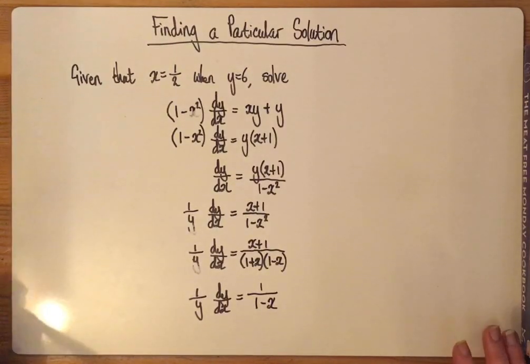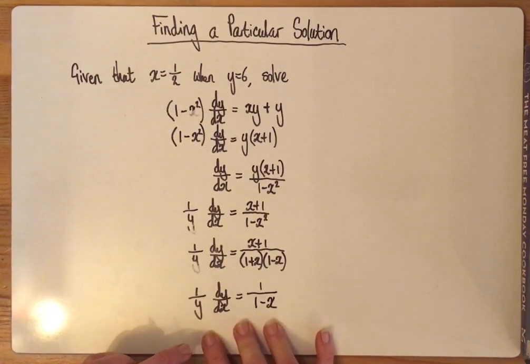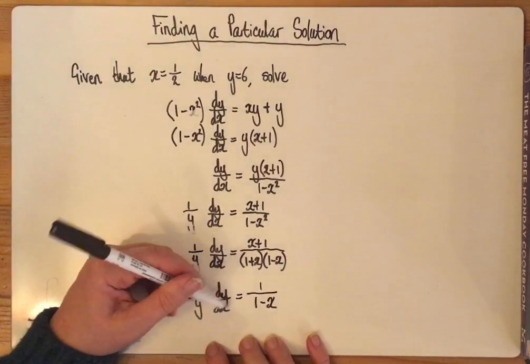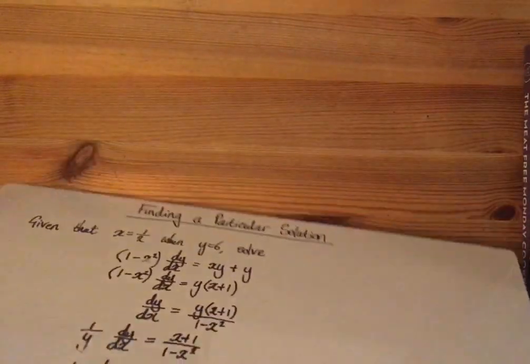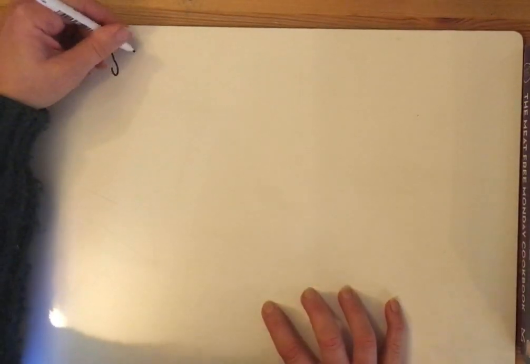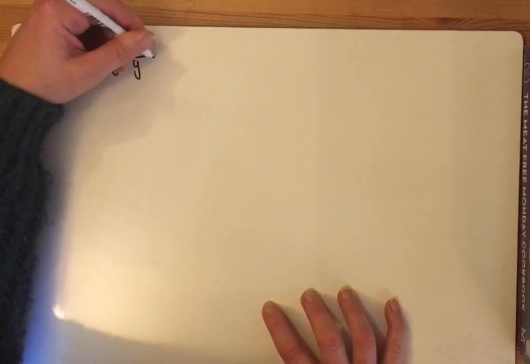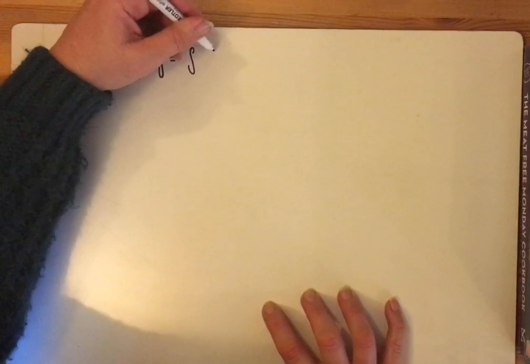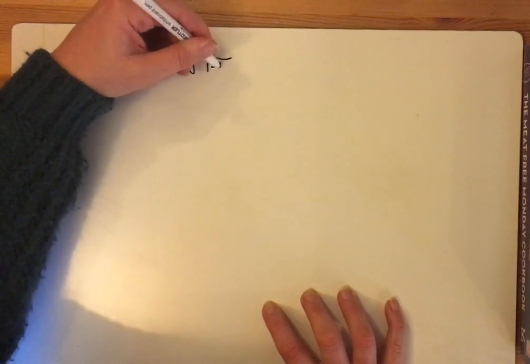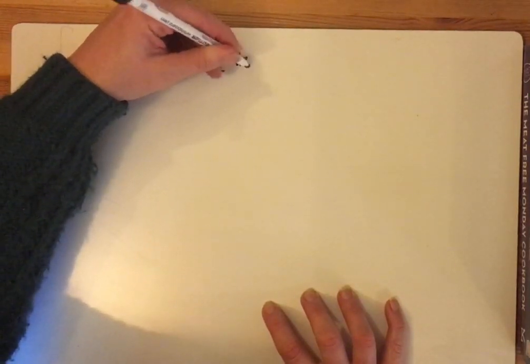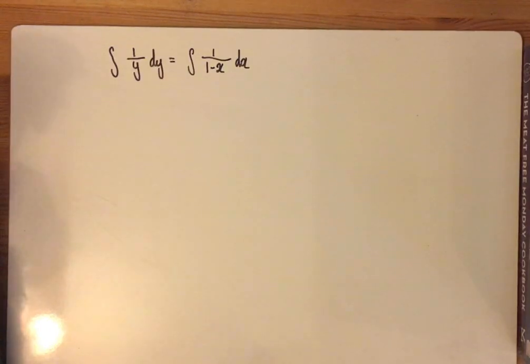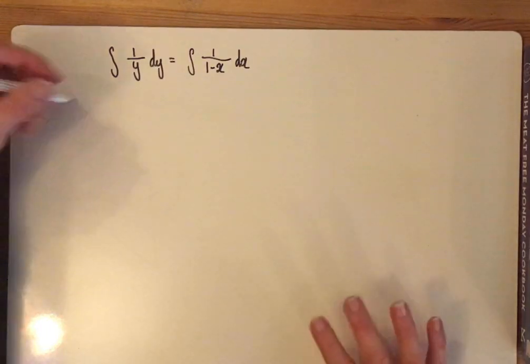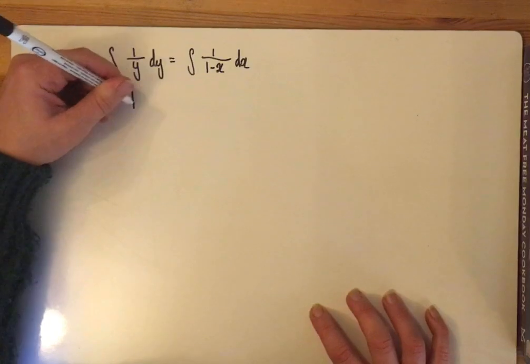I need to turn my board over. Next thing is to integrate both sides with respect to x, and then these dx's cancel on this one. And so the integral of 1 over y with respect to y is equal to the integral of 1 over 1 minus x with respect to x. Sorry, I seem to be slightly croaky today. Integrating this, I get ln y.